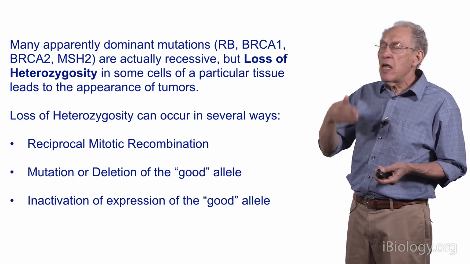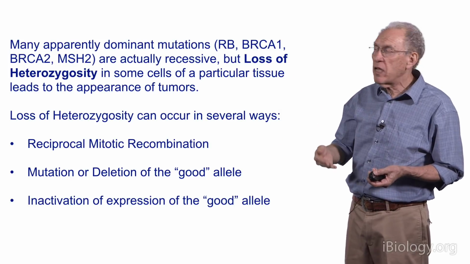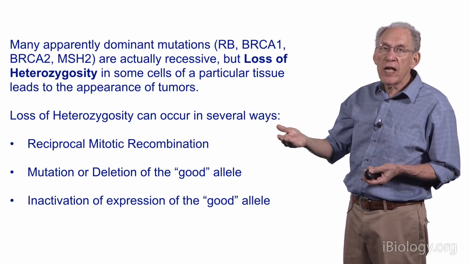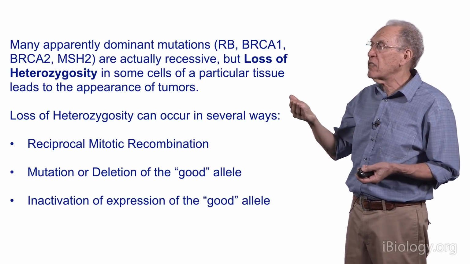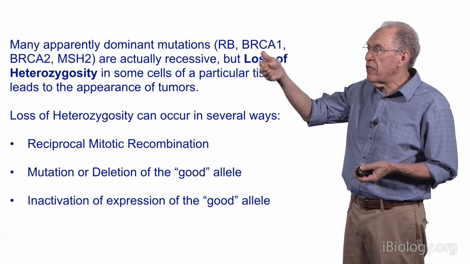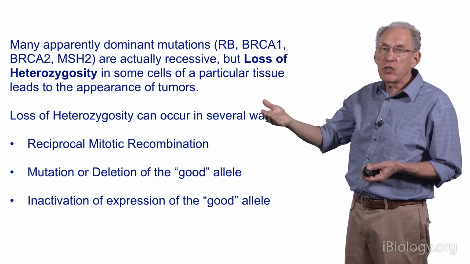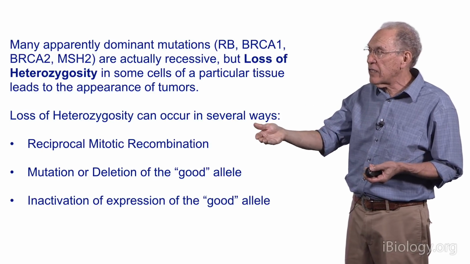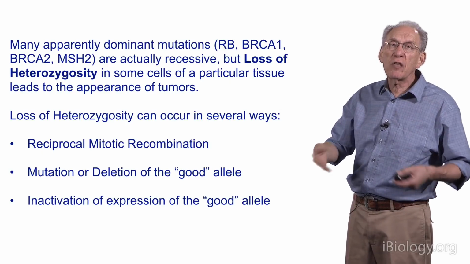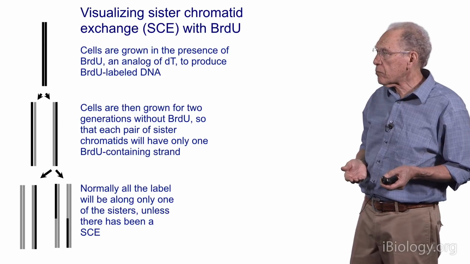But the fact is that these kinds of recombination events occur frequently enough that some cells in a tissue can become homozygous, have a loss of heterozygosity, so that the people who carry these mutations, even though they're just heterozygous to start with, end up with tissue which becomes homozygous, has a loss of heterozygosity, and it is in those tissues that these diseases become manifest.